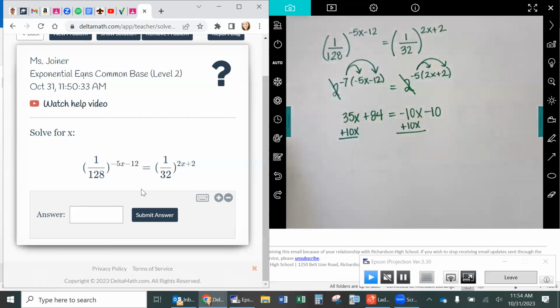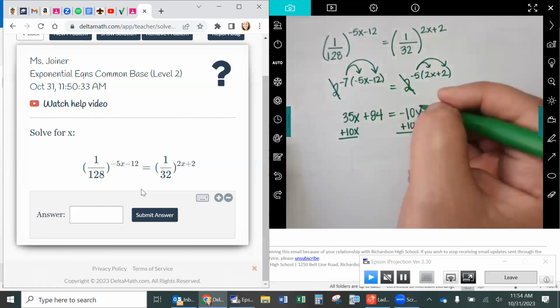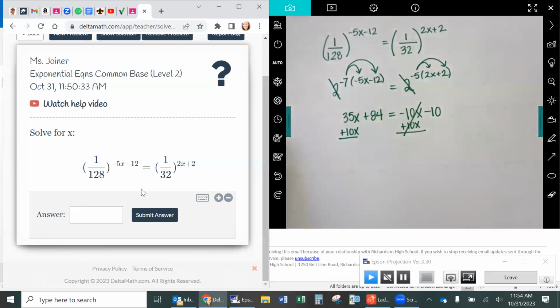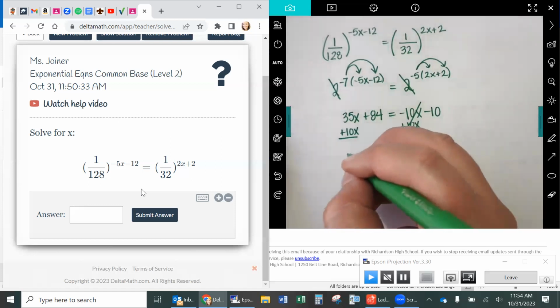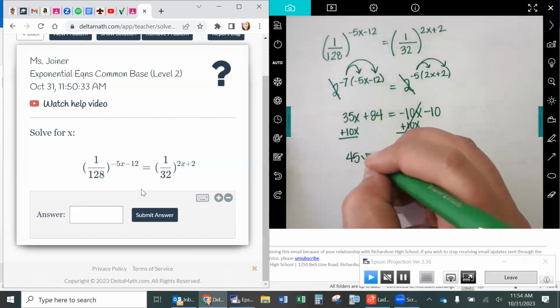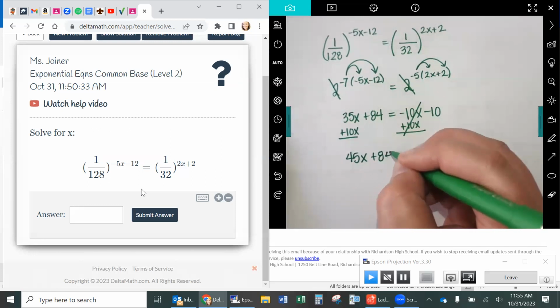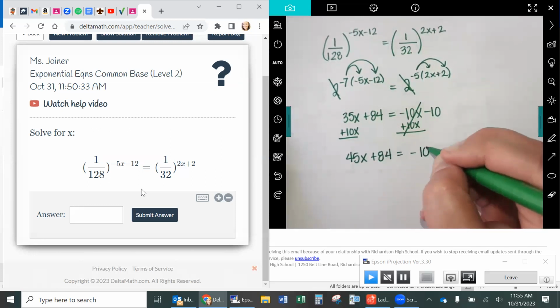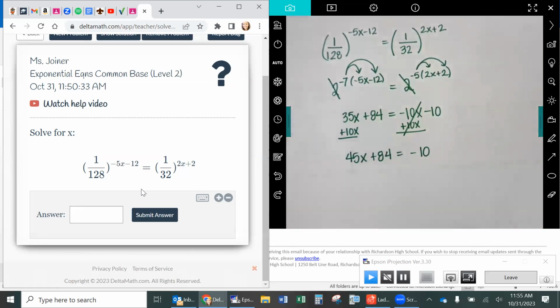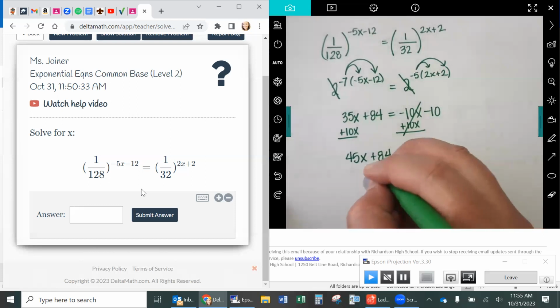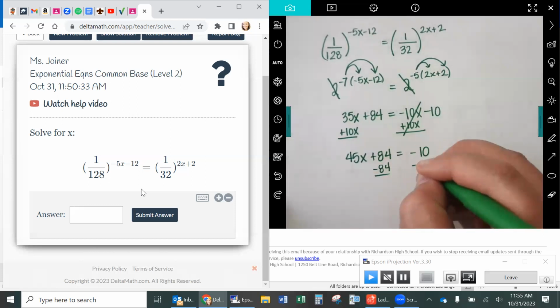So we're gonna take the -10x, cross it out with a plus 10x. What is 35x plus 10x? Plus 84 equals -10. Can you finish it from there? Okay, what's your next step? Subtract the 84. What is -10 minus 84 more?